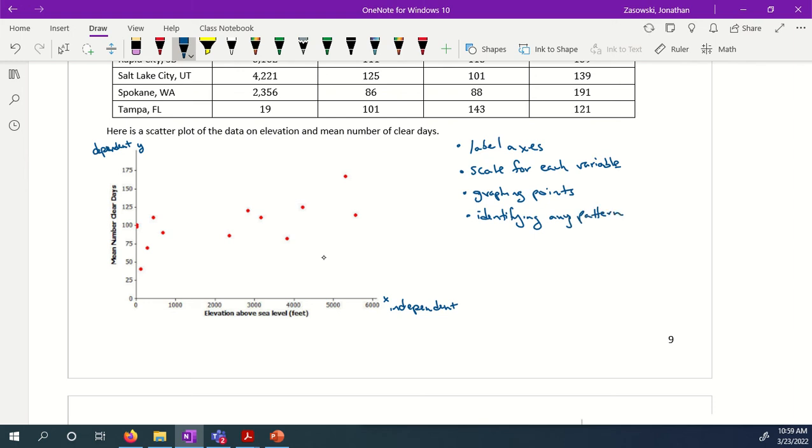If you notice a pattern, it is going to be called a correlation. A correlation just means that as one variable changes, the other variable also tends to change in some manner, whether it's going up or going down.